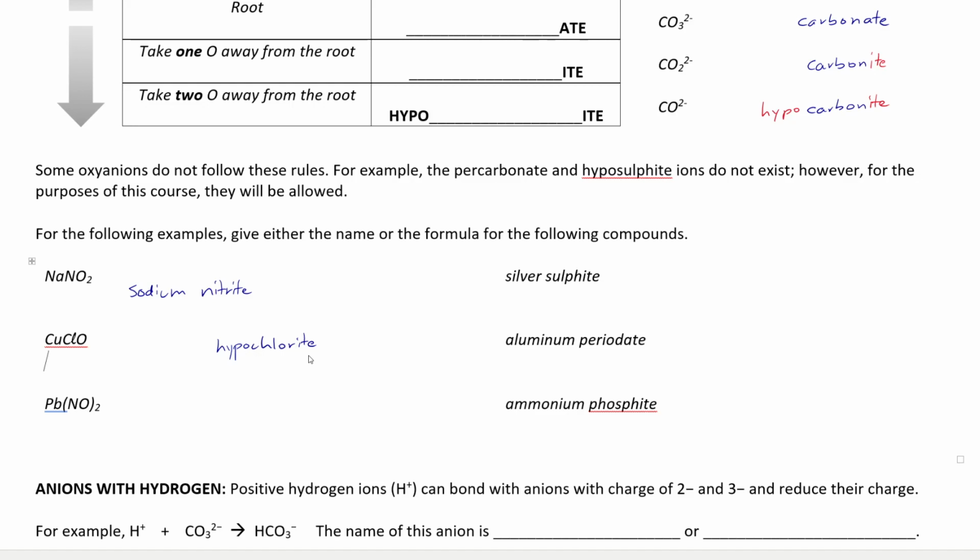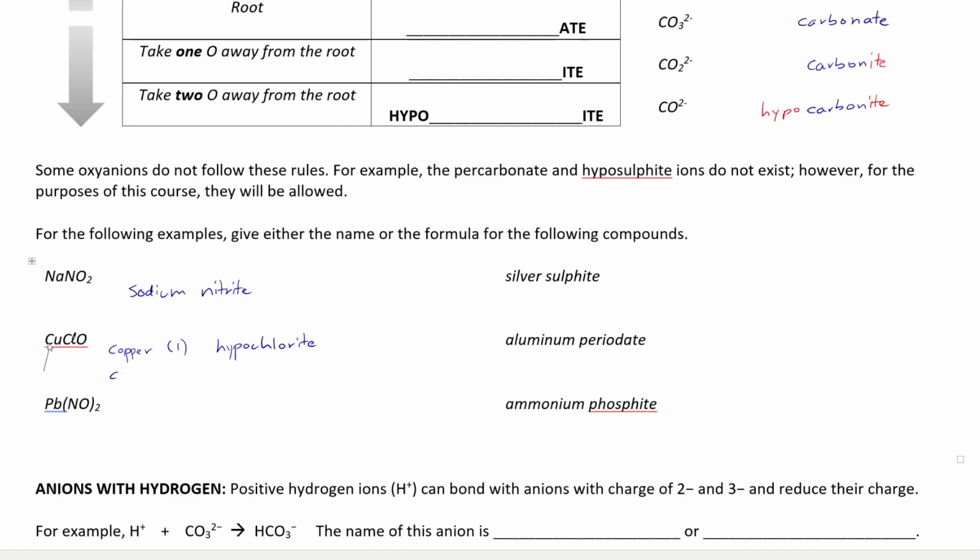The ClO has a charge of -1, so that means my copper had to have a charge of +1, so that we would say then copper(I) hypochlorite, which I have to say because copper is a multivalent metal.